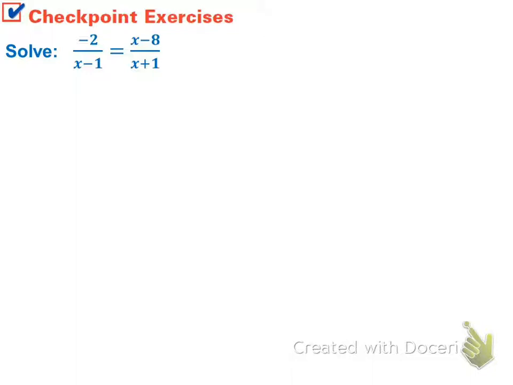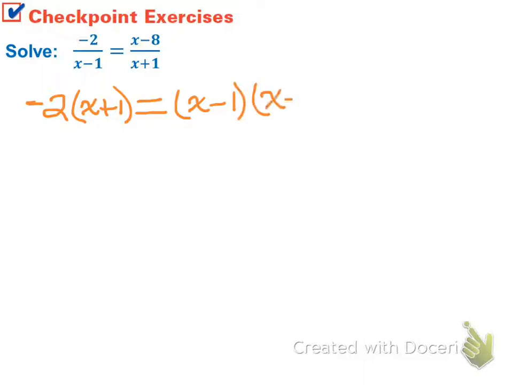With this problem, because we only have a single rational expression on each side, we can use the cross multiplying method. We can multiply negative 2 times the x plus 1, and that would be equal to multiplying the x minus 1 times the x minus 8.